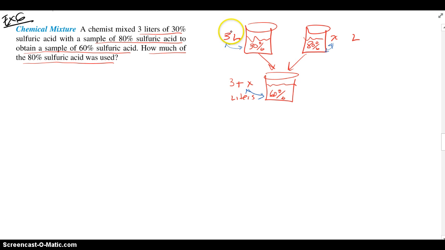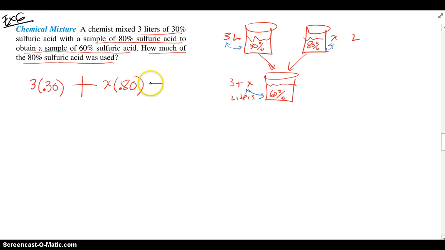Now the equation I'm going to get is going to relate the liters to the pure concentration. 3 liters at a 30% concentration. 30%, changed to a decimal, is 0.30 or 0.3. And I add to that X liters at 80% concentration.